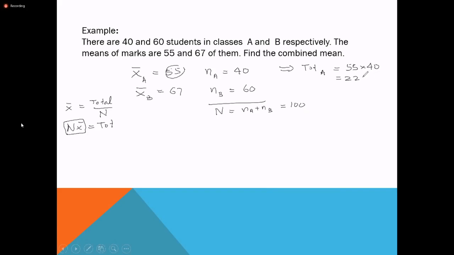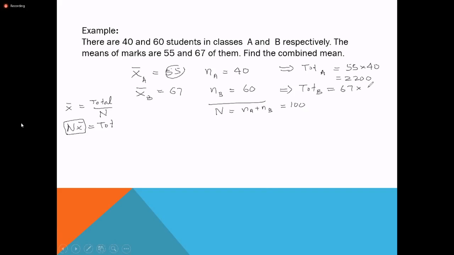2200. In the same way, the total of the class B students, normally without using a formula. Each of the students has taken 67 and there are 60 students. So these 60 students have each taken 67 marks.